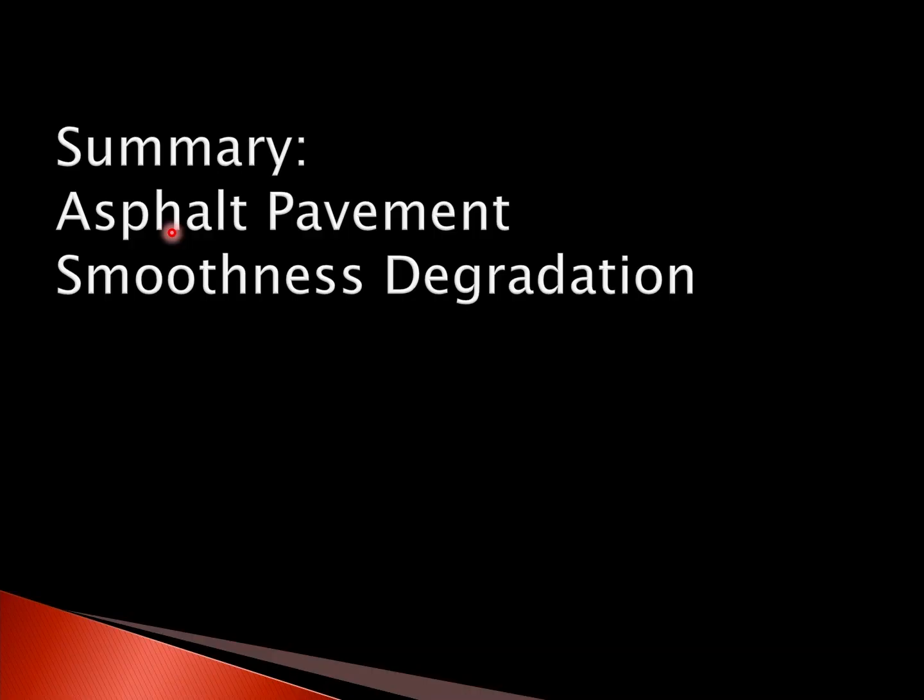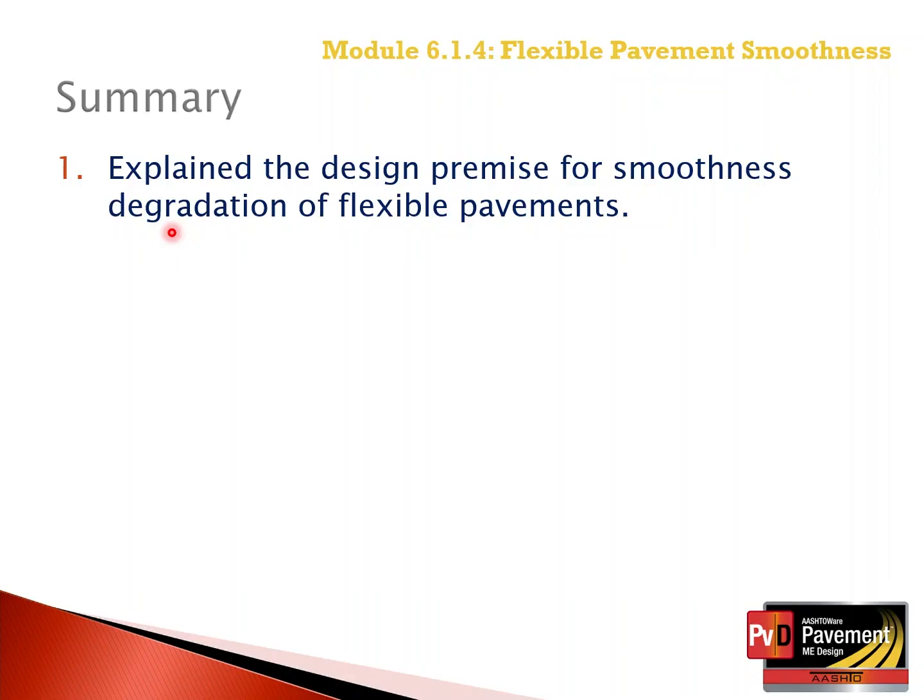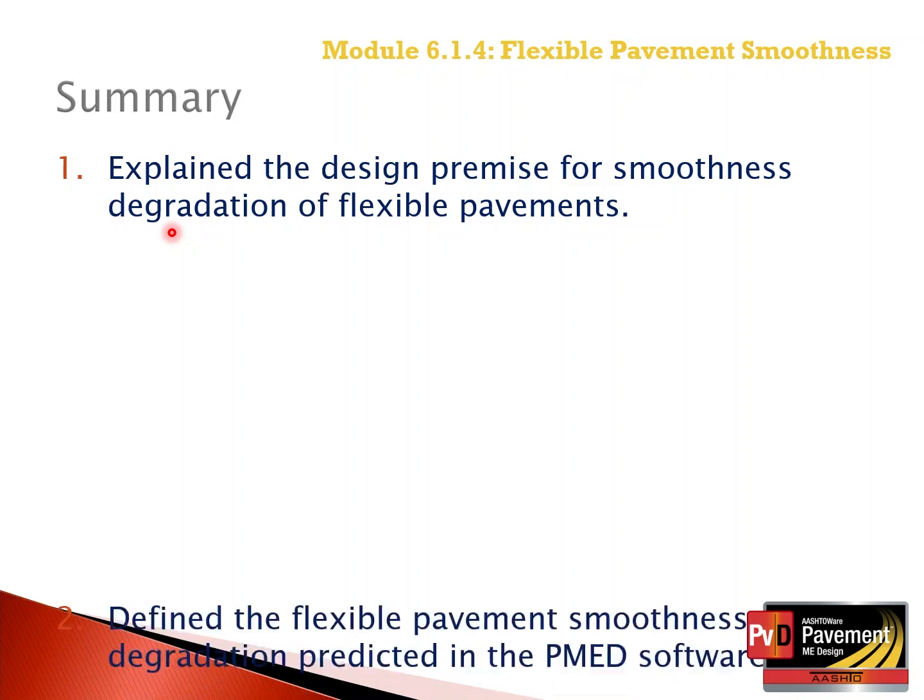This section is a summary of the materials presented under Module 6-1-4 that were just covered for flexible pavement smoothness degradation. There were 3 learning outcomes from Module 6-1-4 on flexible pavement smoothness. We explained the design premise for smoothness degradation of flexible pavements.